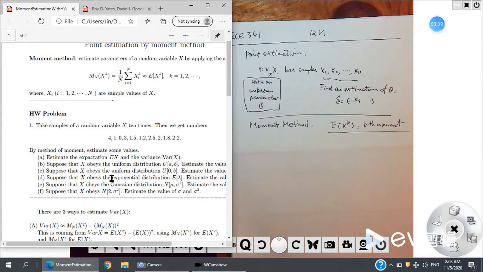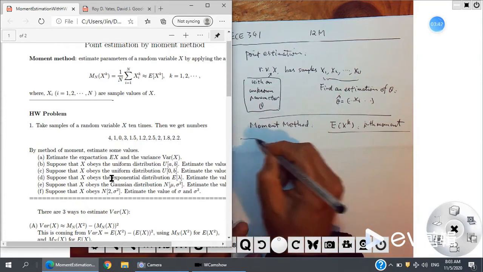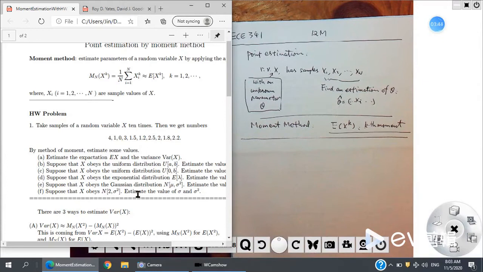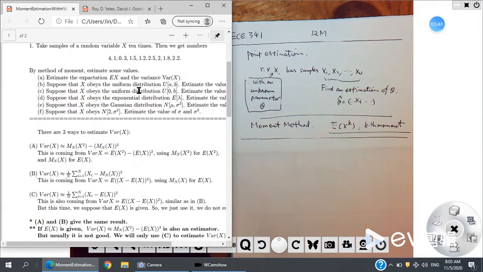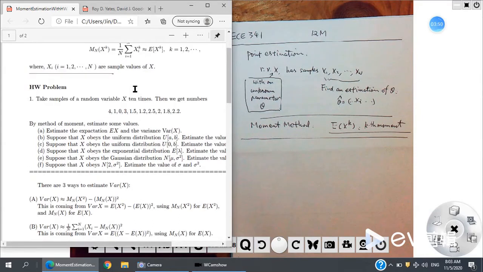During our work on this problem, sometimes we only need E of x to estimate the parameter, and in some other problems we need both E of x and the variance of x.